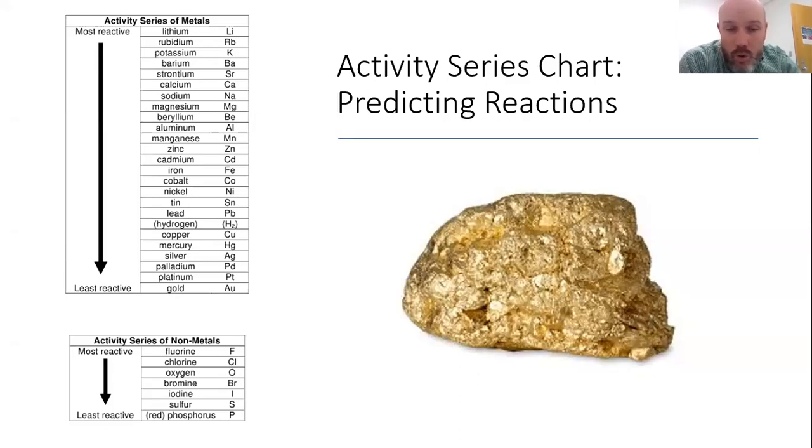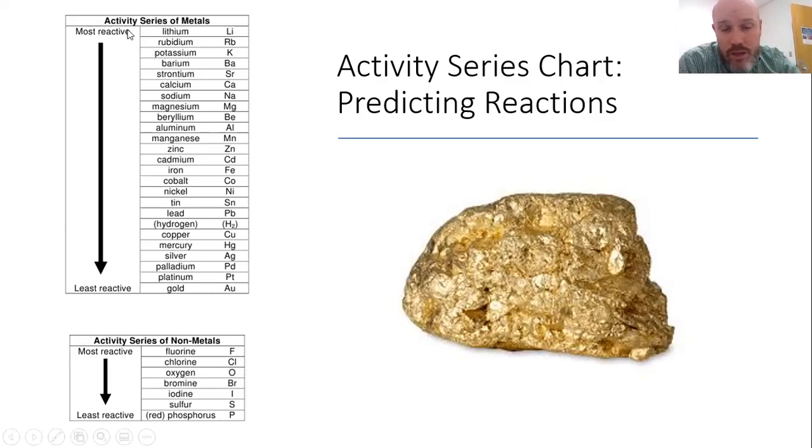So this is why gold is always found in nature, almost never in a compound, because gold is not that reactive. There are so many other metals that are more reactive than gold that will kick gold out of a compound and replace gold. So if we look at the top of the chart, this is how you use this chart.